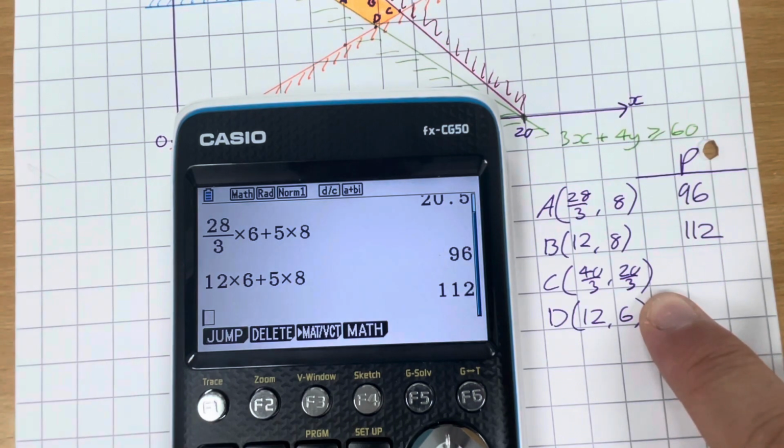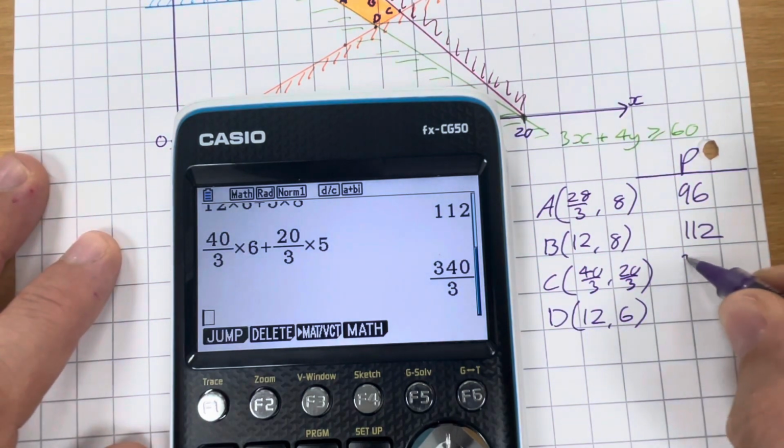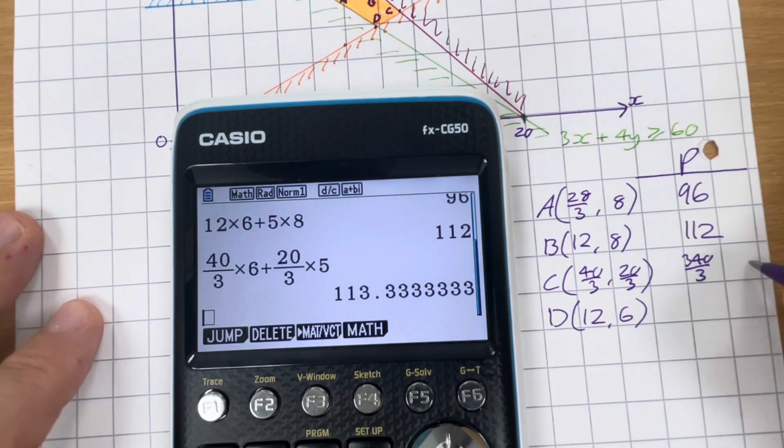This one here, we're going to do 40/3 multiplied by 6 plus 20/3 multiplied by 5. That's 340/3. Just to get a numerical value for that, we're looking at about 113.